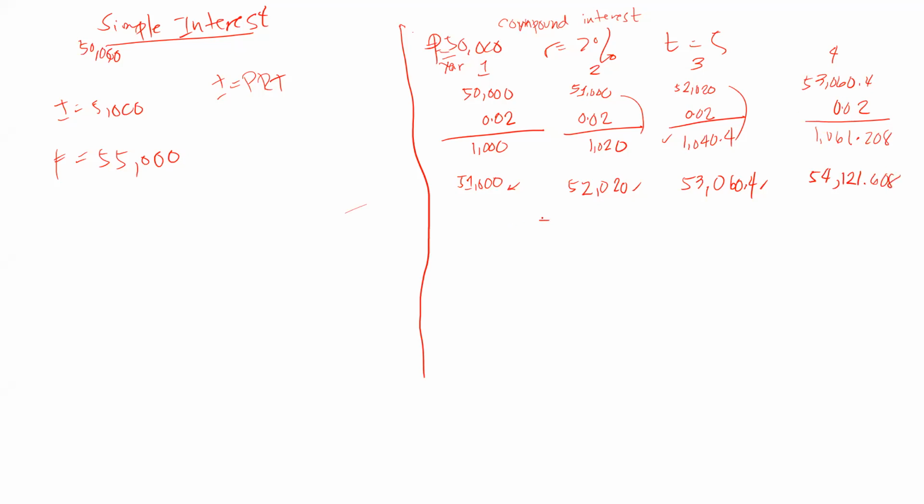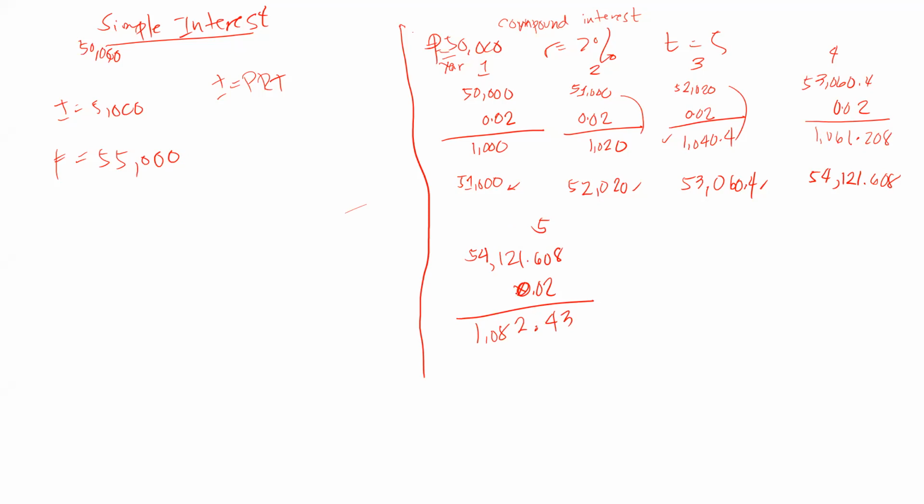Now, for the 5th year, so accumulated amount from the previous year, dyan ma-interest with 2%, so times 0.02, 1,082 point, approximately, i-round off tayo ni sa 2 decimal.